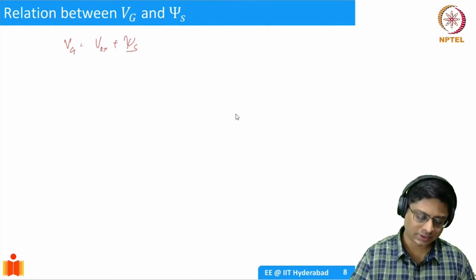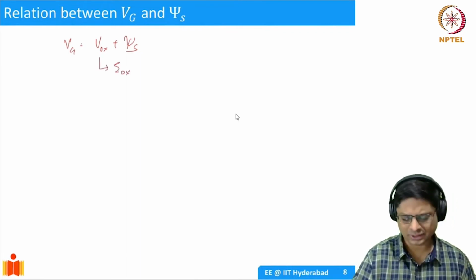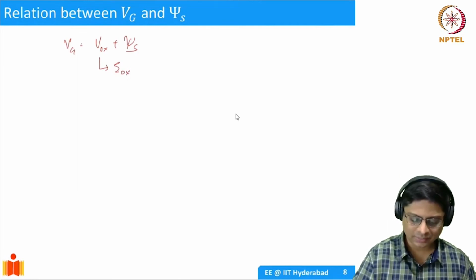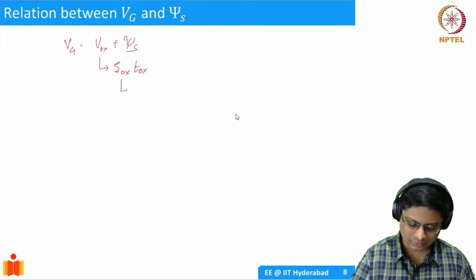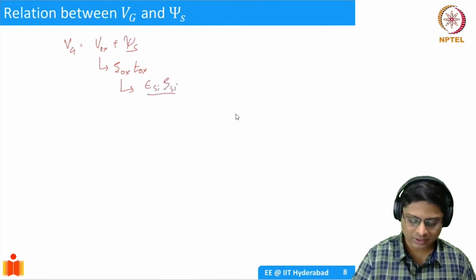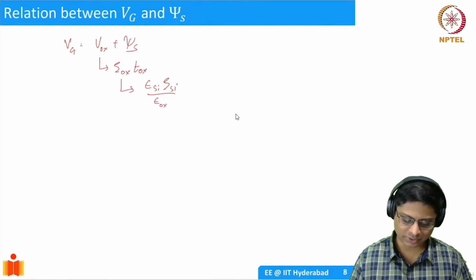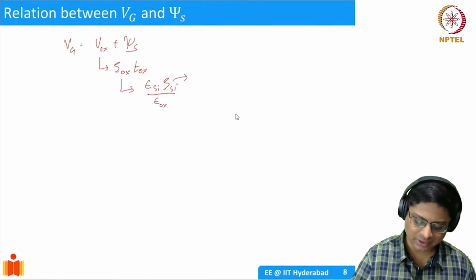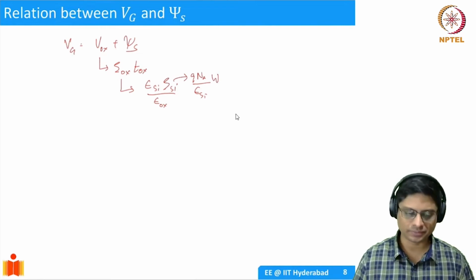So this is simply going to be the electric field across oxide times the oxide thickness. And by applying Gauss law, we know that this is going to be epsilon silicon, electric field in silicon, divided by epsilon oxide. Okay, so I'll make these substitutions, and I also know that this is basically qNA by epsilon silicon times the width of the depletion region.